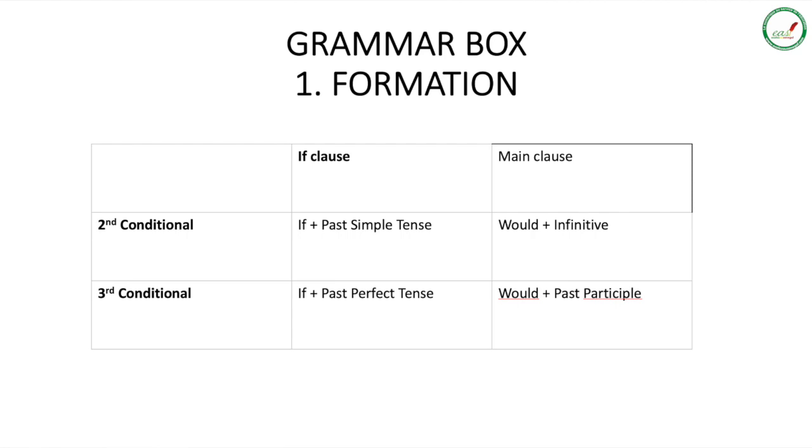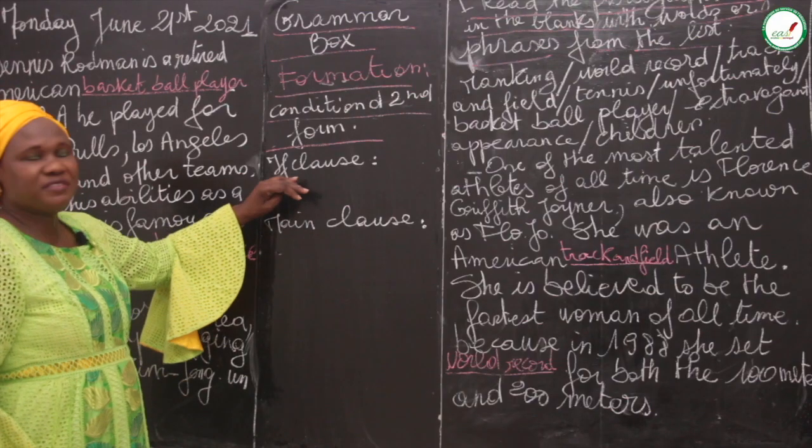With conditional second form, you have the if clause, and you have the main clause. Now, if we take the if clause, we have a verb.